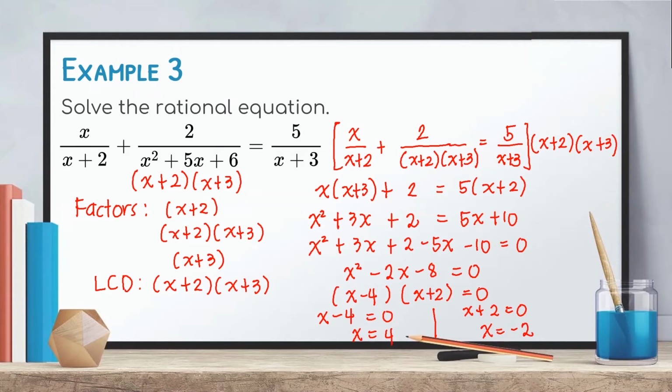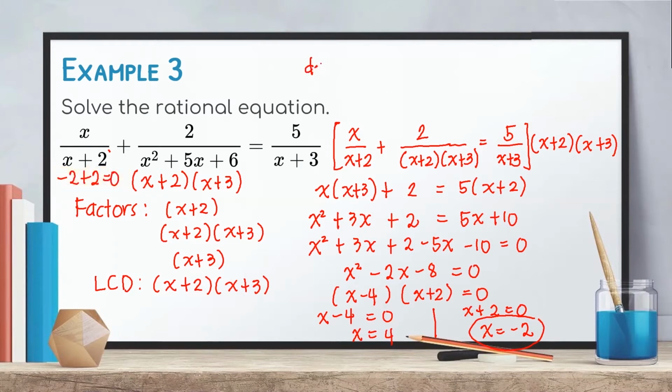Since you have arrived with two solutions, you need to check each solution if they will satisfy the equation. However, looking at the solution x equals negative 2, when we substitute negative 2 here, negative 2 plus 2 will give us a denominator of 0.